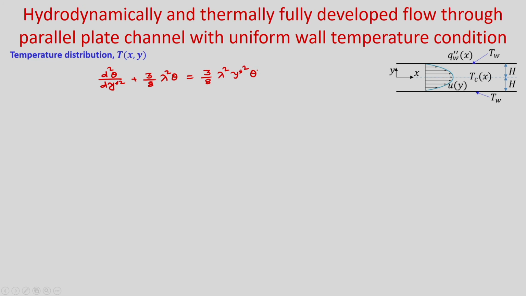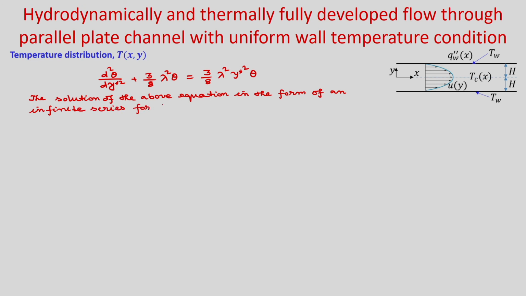Now the solution of the above equation in the form of an infinite series for the temperature is theta is equal to the summation of n equal to 0 to infinity C n y star to the power n. Now let us take the derivative of theta.